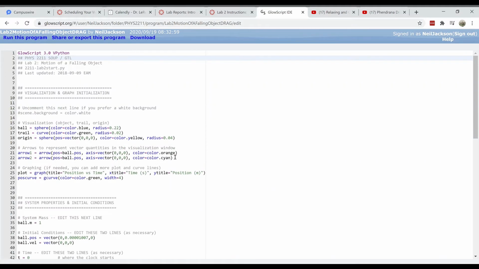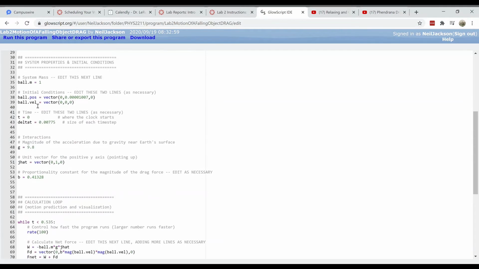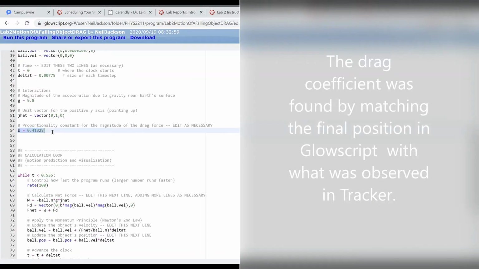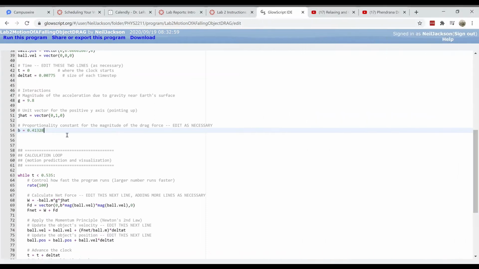Here is the code for my model with gravity and drag. My initial conditions stayed the same as the previous model. However, I made sure to include my drag coefficient, which I found by guessing and checking.